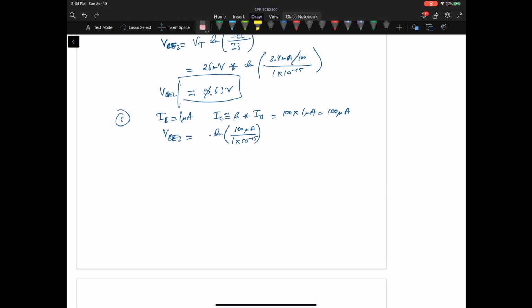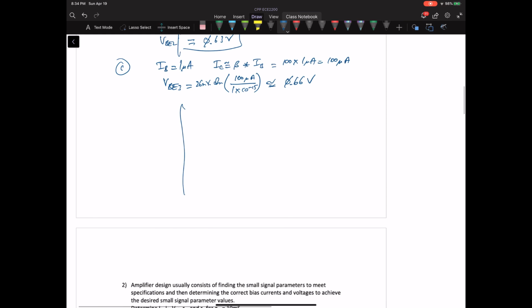We put in the 26 millivolts, and I get roughly 0.66 volts.